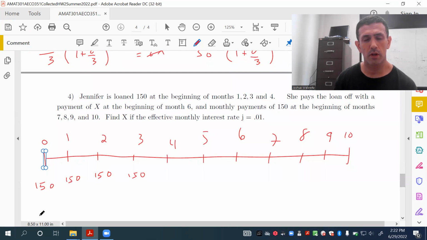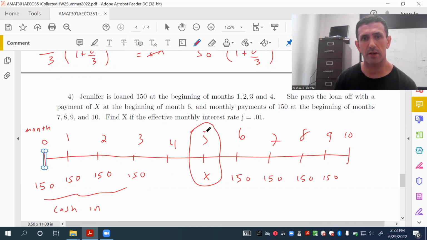Okay, so this is the cash in. She pays off this loan with payment of X at the beginning of month 6. So that's T equals 5. So beginning of month 7, 8, 9, 10 is 150. I'm going to date everything, find the time value of everything at T equals 5.